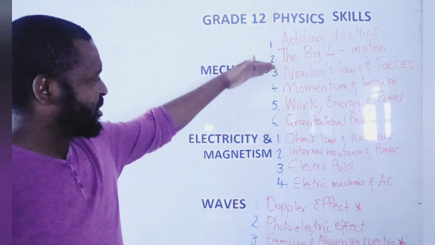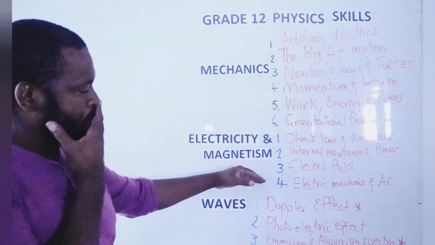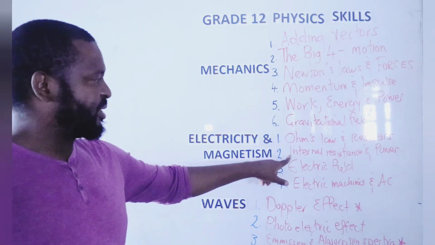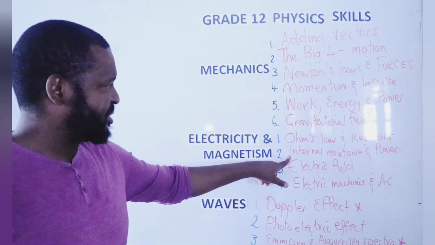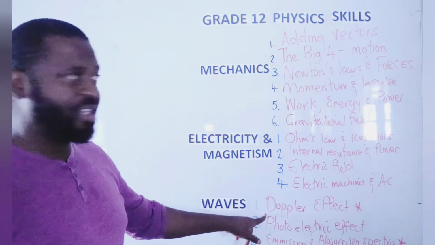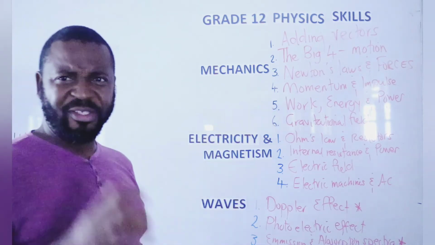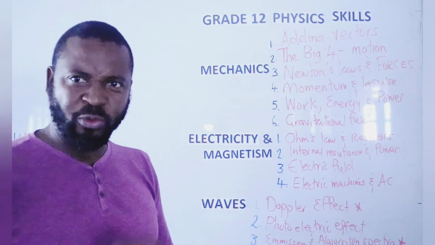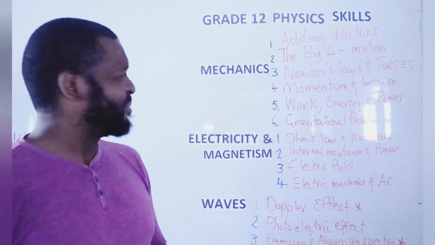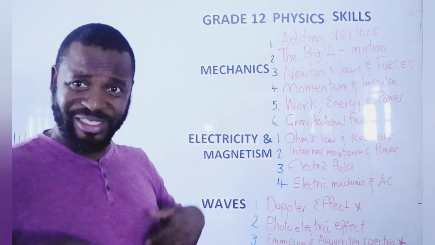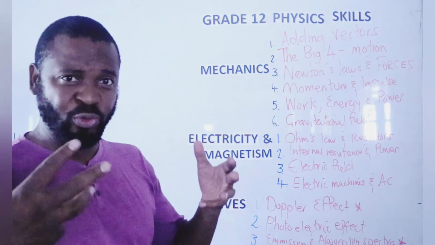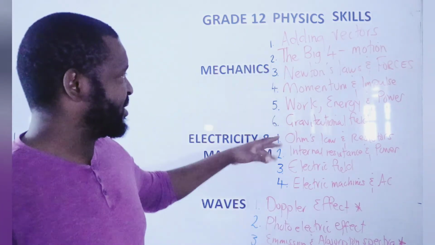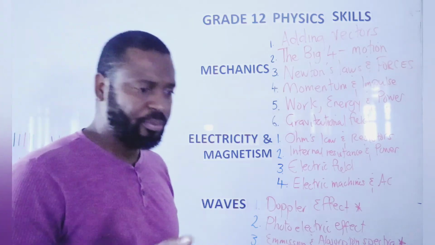When I look at all these sections, let's say I'm a grade 12 learner, I'll be like, hey, in the exam I did not know about internal resistance and power. Oof, the Doppler effect, momentum. Whatever the section is, that is the section that you need to focus on the most first. It's a very important skill, being able to assess yourself, being able to know exactly where is the missing link and then start with those sections.